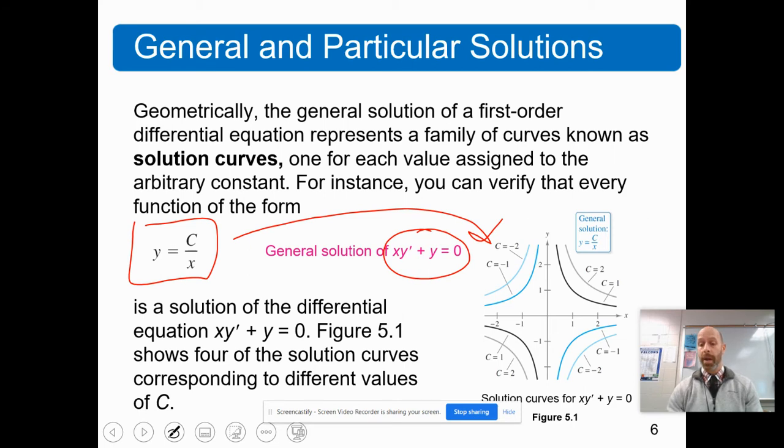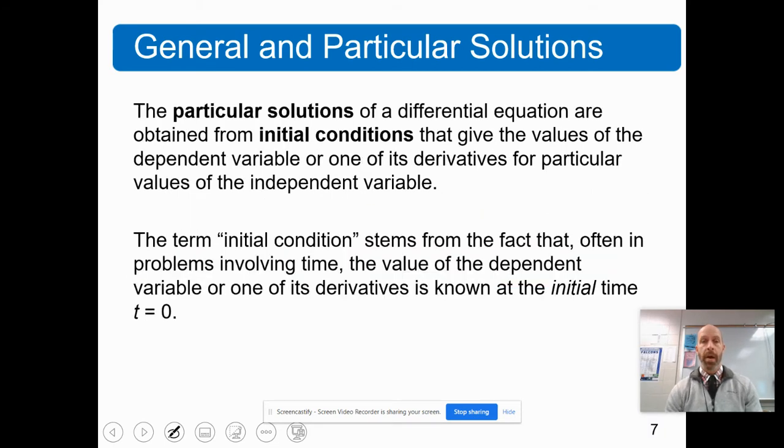Your homework may ask what's the general solution, and if it's a general solution, you're going to have a c value with it. If they ask for the particular solution, they're going to give you something called the initial condition. We've already seen some examples of this in chapter 4.